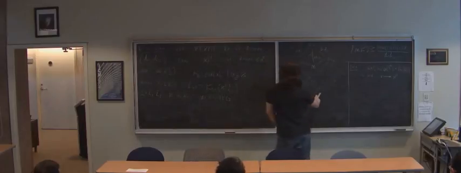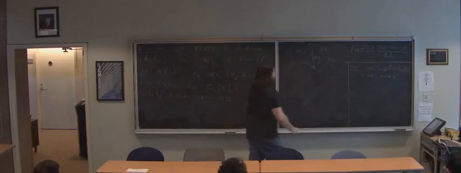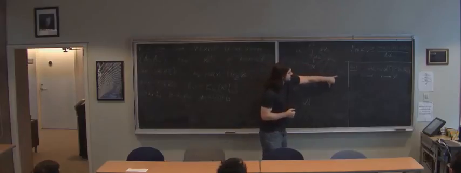All right, so this guy acts by conjugation on this guy via inversion. But this Galois group here is actually a subgroup of this Galois group.